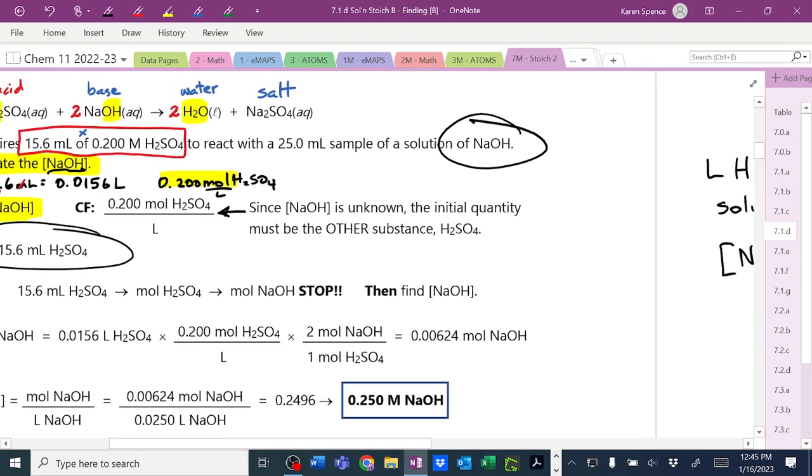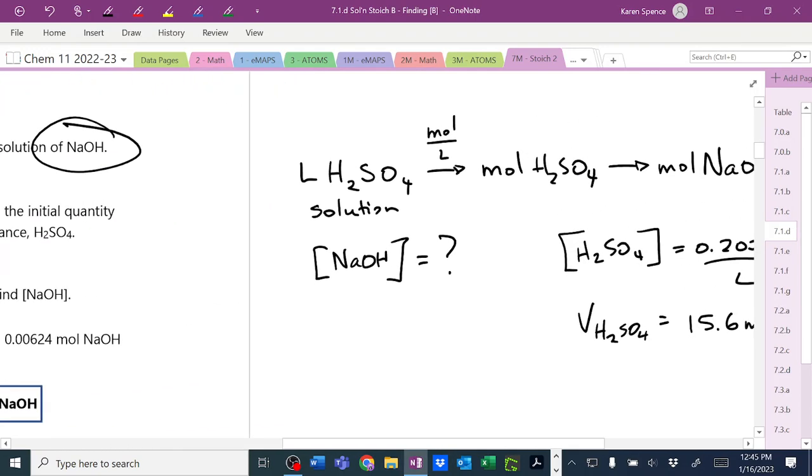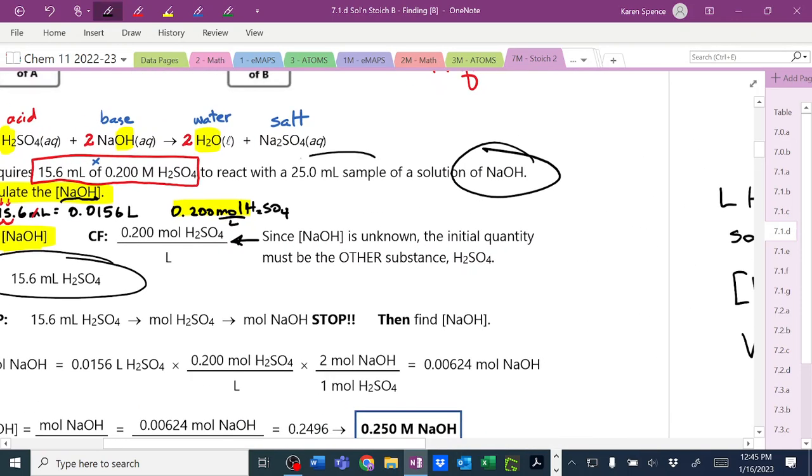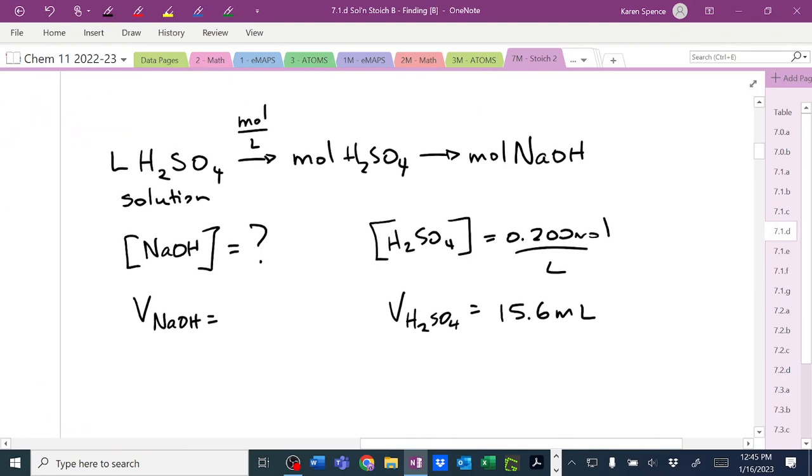And we know that the volume of NaOH is 25 milliliters. We have a 25 milliliter sample of the NaOH.